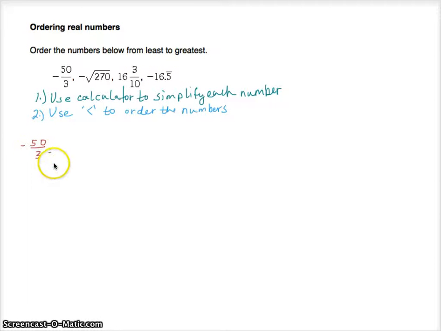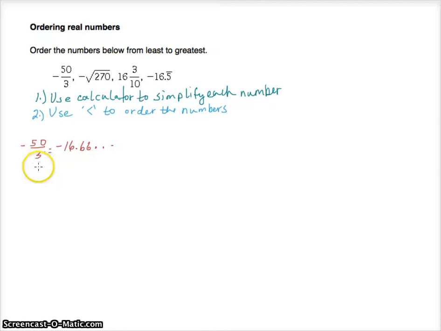So if we have negative 50 over 3, we're going to use our calculator and punch in negative 50 over 3, or you can just punch in 50 divided by 3, and see what you end up with. And what you should get is negative 16.6, or excuse me, 16.66 repeating. And so the 6's are just going to keep going and going forever.